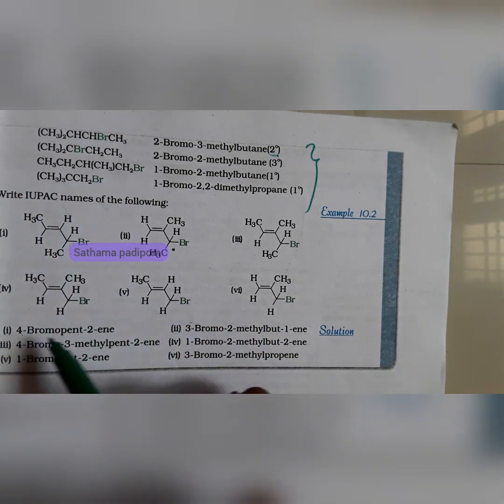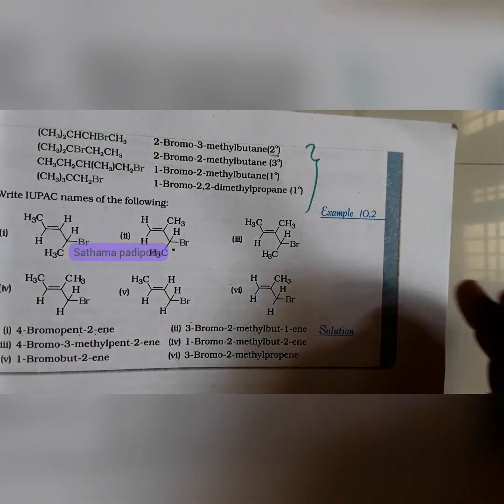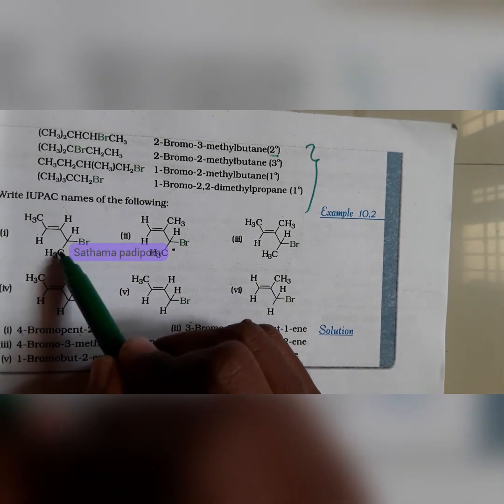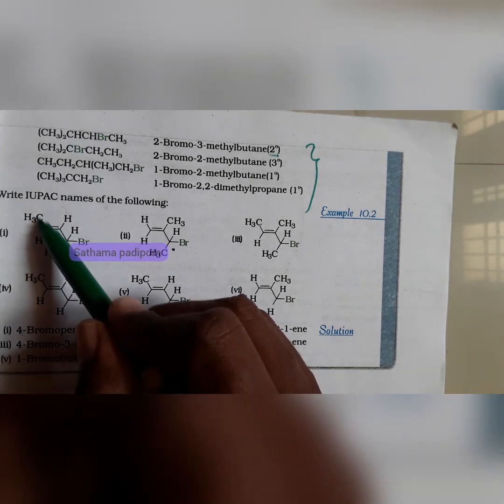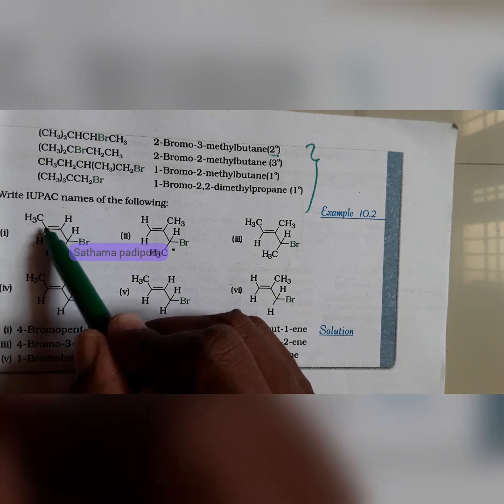So 4 bromo pent 2ene. In the fourth carbon, bromine is attached. The parent chain is 1 2 3 4 5, 5 carbon atoms, so pent. In the second position the double bond is there, so 2ene. 4 bromo pent 2ene.